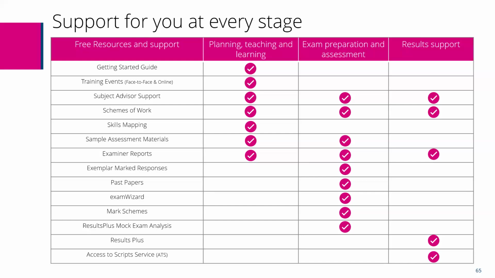The subject advisor support, I'll be talking about the subject advisor in a little bit. The schemes of work we've talked about, there's skills mapping available. The sample assessment materials we've talked about, and they were in your download pack. The examiner reports, which are available for download. Exemplar marked responses, past papers, and I'm going to talk a little bit about Exam Wizard in a moment. The mark schemes, the Results Plus, which I'm going to talk about, access to scripts, I'm also going to talk about.